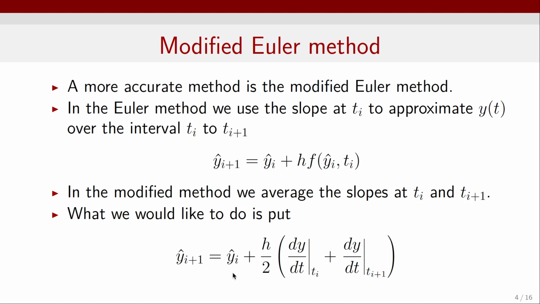So how can we deal with this problem? There are several ways. One way would be, if we have yi plus 1 showing up here as well as here, we could simply iterate this equation. So we could make an initial guess for yi plus 1, possibly use the old value or an Euler value like this one. Then use that expression to evaluate yi plus 1, take the new value, plug it back in here, evaluate this expression again, and find a new value yi plus 1, take the new value, plug it back in here, and so on.